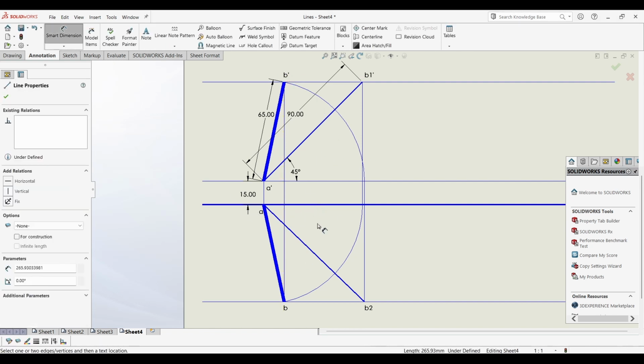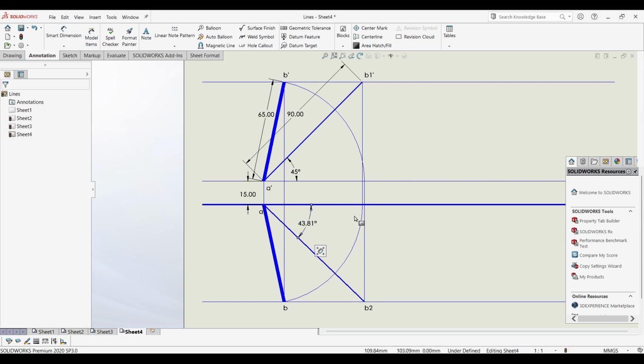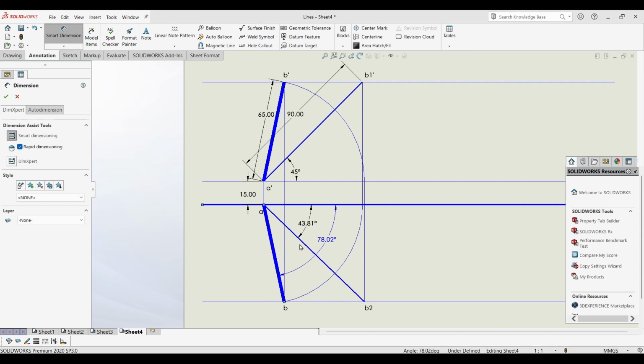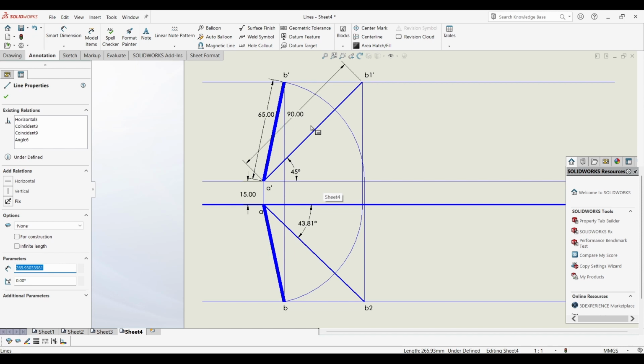Let's do the dimensioning. This line and this line: 43.81. Then this line and this line: 78. Wait, this is the line I would prefer to do first. My mouse isn't working well.